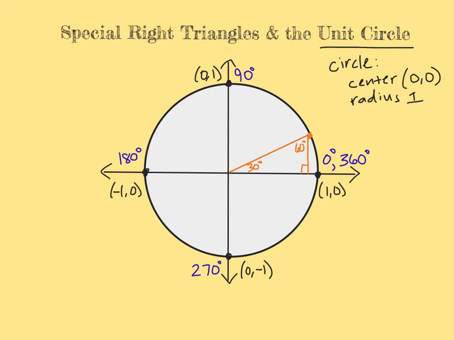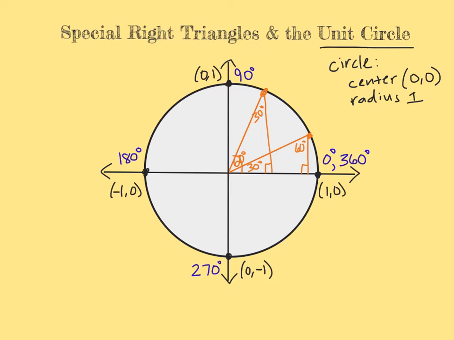And if we did that same thing but went out 60 degrees instead, it's the same triangle, just a little bit flipped. So if we went out a grand total of 60 degrees and dropped a perpendicular, we also have a 30, 60, 90 right triangle.